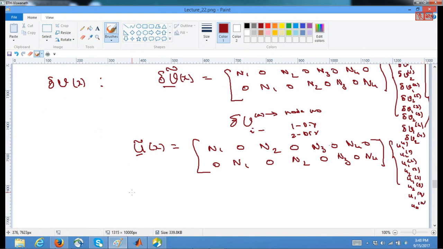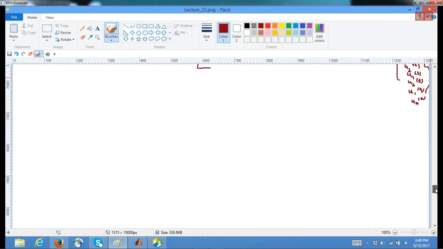So that I can write it simply, if you want to understand, as the first component of the approximation written as Ni, and let me call it Na.